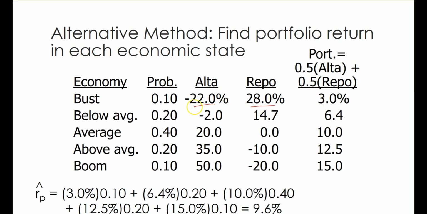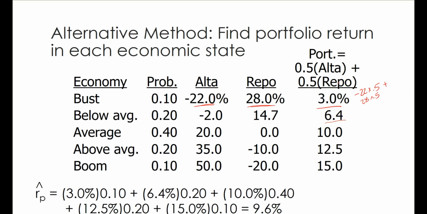If we have 50% of our money in Alta and 50% in Repo, it's calculated as negative 22% times 50% plus 28% times 50%, to give us a 3% return. In a below average state of the economy, it would be 50% times negative 2% plus 50% times 14.7%, which gives us a 6.4% return.